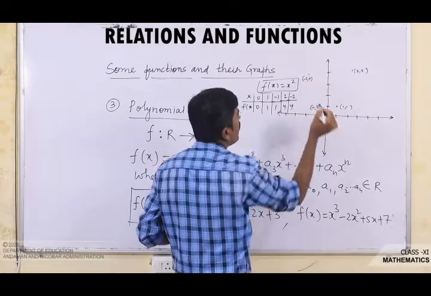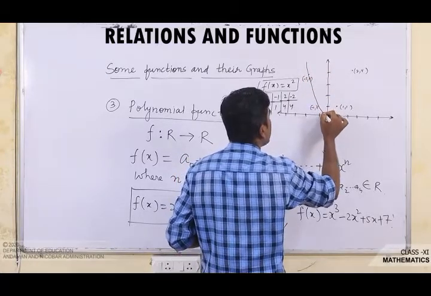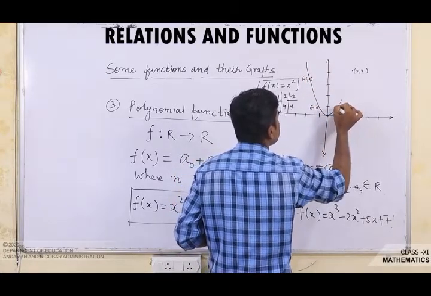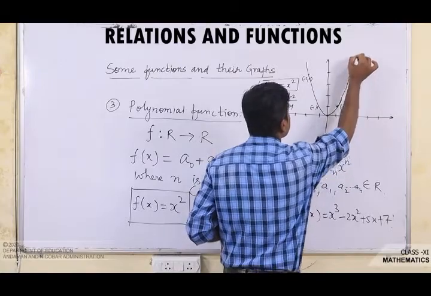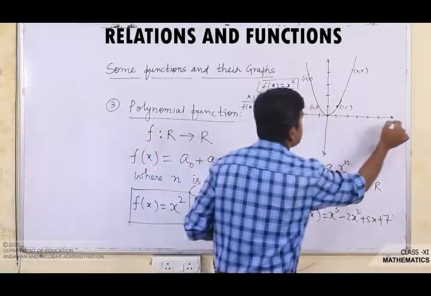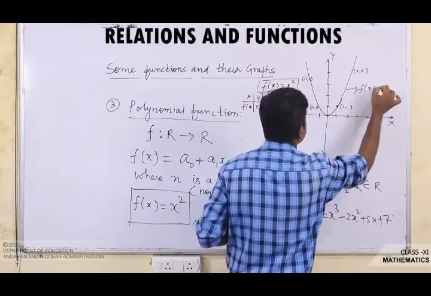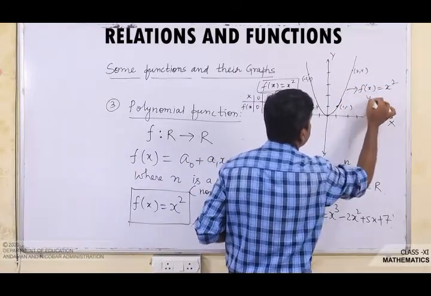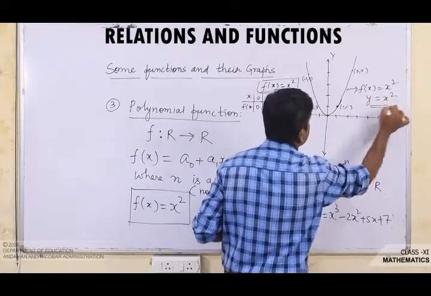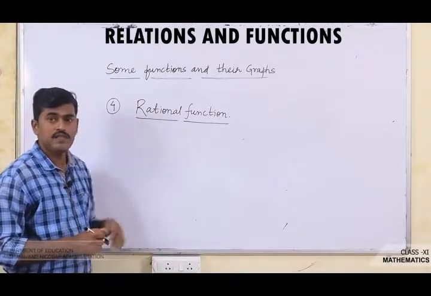Now connect the points to draw the graph. So this is the graph of the function f of x is equal to x square, or we can also write y is equal to x square. Now let's move on to the next type, that is rational function.